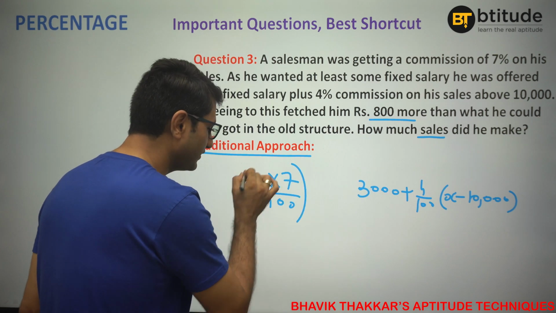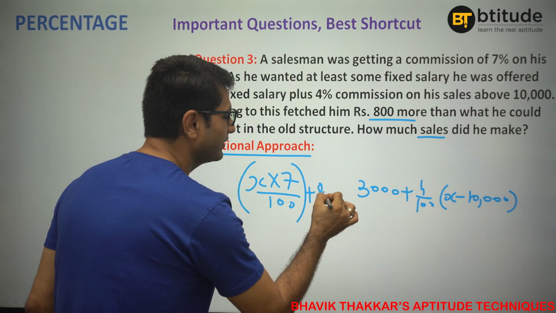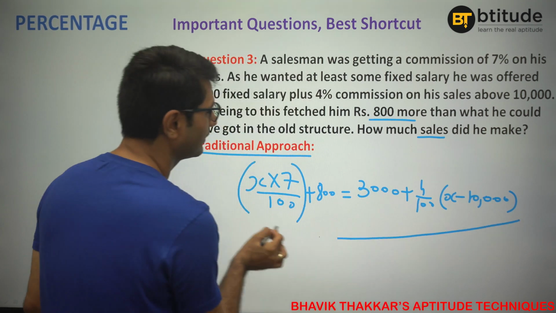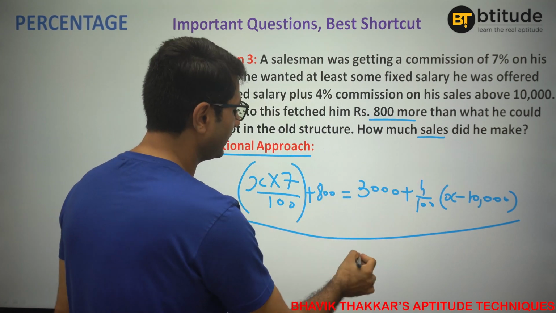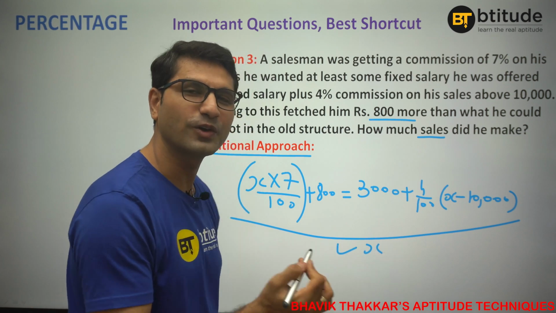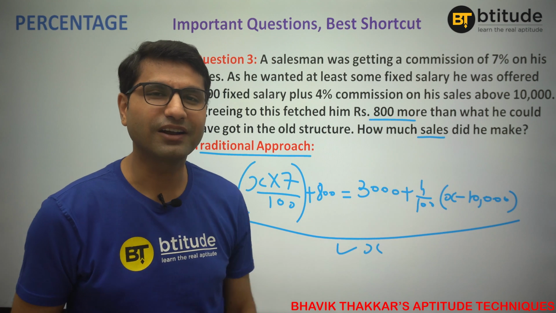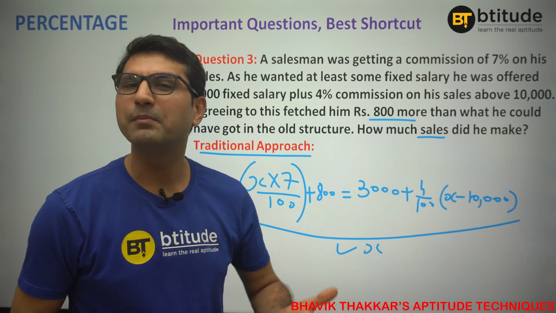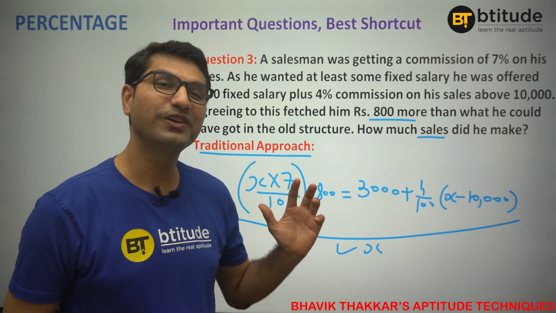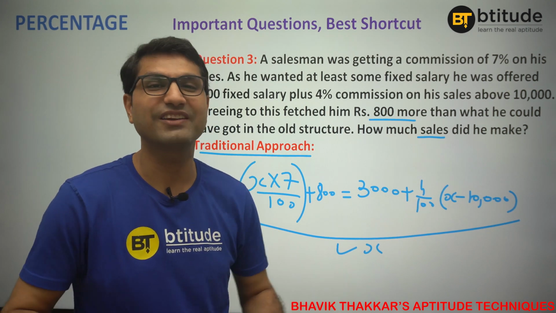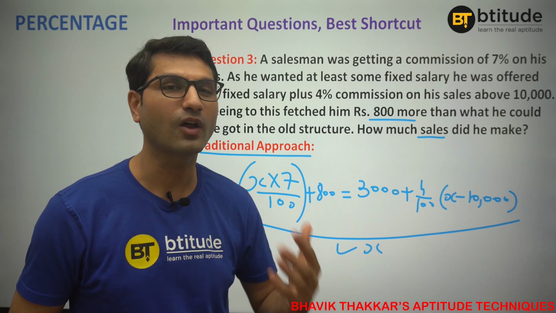So that means this plus 800 is equal to this, right? You can solve this, and how much sales you made, of course X rupees. So you can solve this and X will be your answer. It's not that difficult. It will take maybe a minute, but if you really are logical, that is what will help you in further questions as well. So always try to think logically.